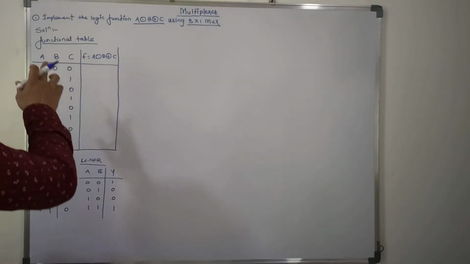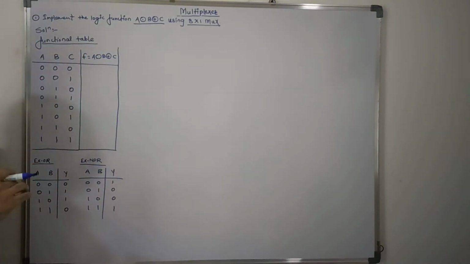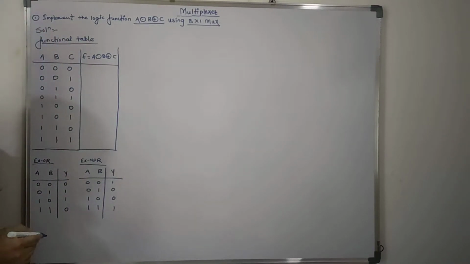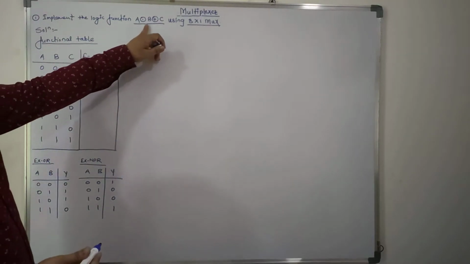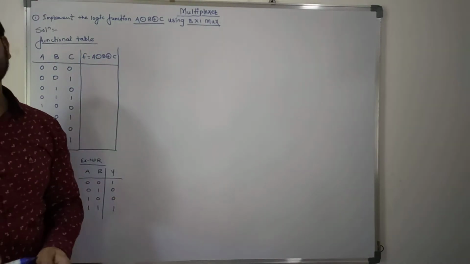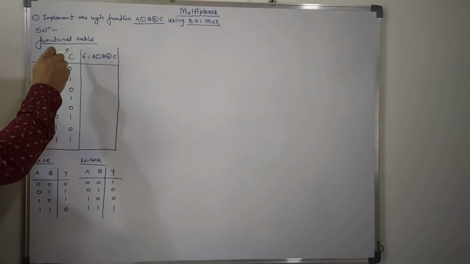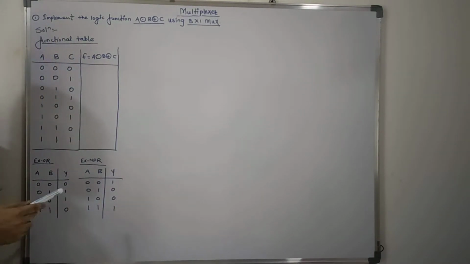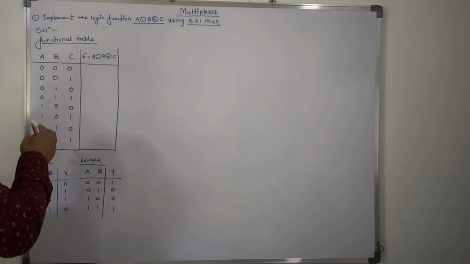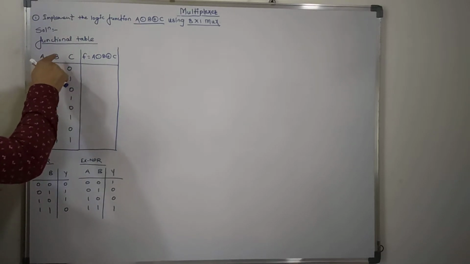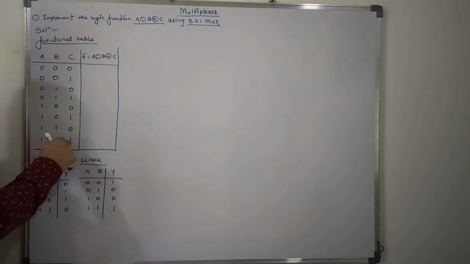First of all, let us see how to solve this numerical, that is, implement the logic function A XNOR B XOR C using an 8:1 Mux. First, you have to draw the function table. As I already told you, we don't know the value of ABC, so I consider the numbers for ABC from 0 0 0 to 1 1 1.